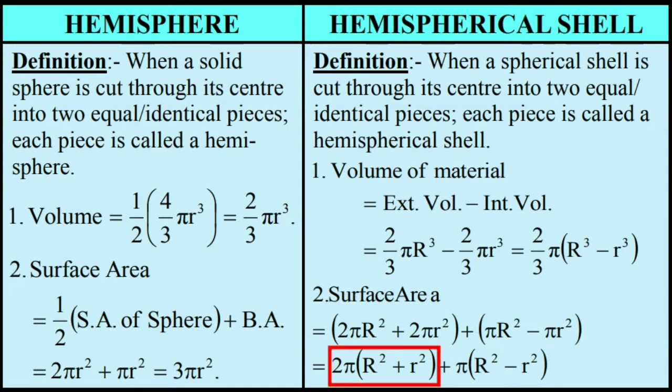In simplified form, 2 pi multiplied by the sum of the squares of the two radii is the sum of external curved surface area and internal curved surface area. Hence, total curved surface area is 2 pi multiplied by capital R square plus small r square, and area of the annular ring is pi multiplied by capital R square minus small r square.